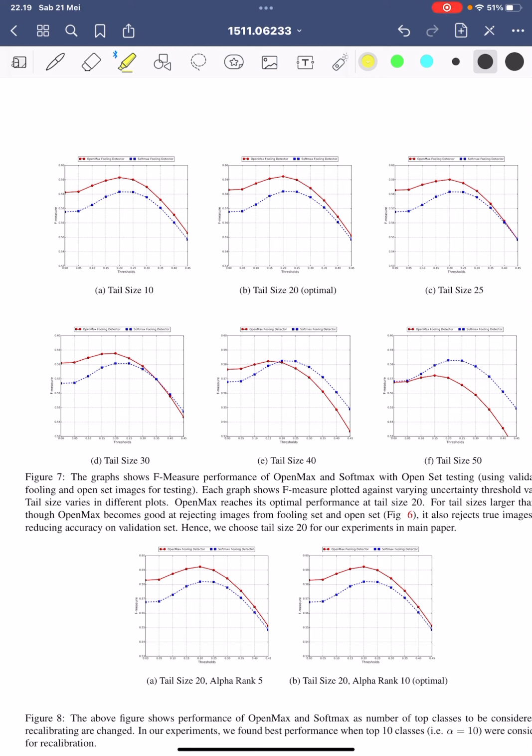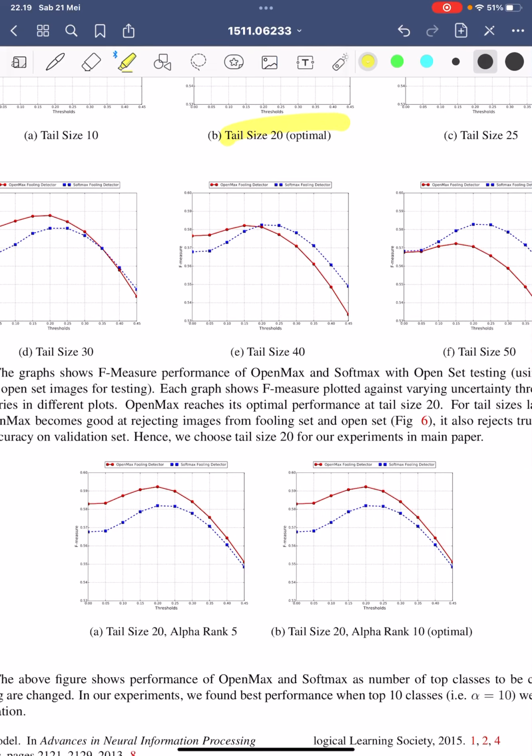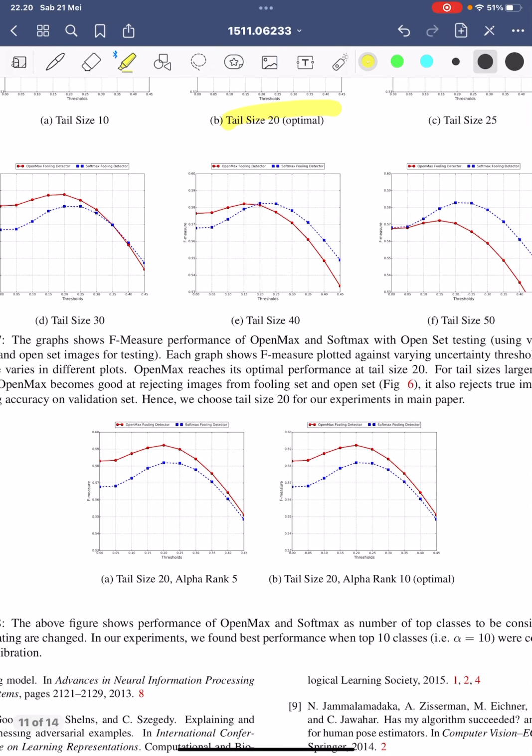So 20 is the optimal value. Then alpha, which is the number of top classes being revised in OpenMax, is also quite sensitive, and alpha with rank 10 is the optimal in this case with the ImageNet dataset.